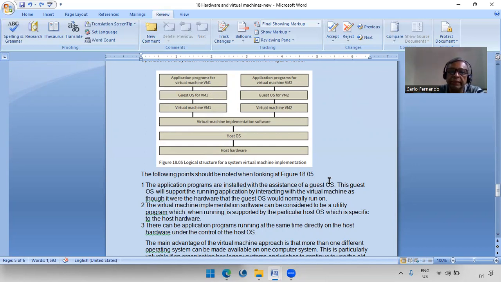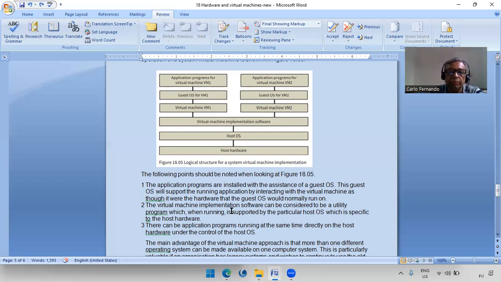This guest OS will support the running application by interacting with the virtual machine as though it were the hardware that the guest OS would normally run on. This guest OS will make use of the physical machine, as if the machine is here. The user doesn't know.